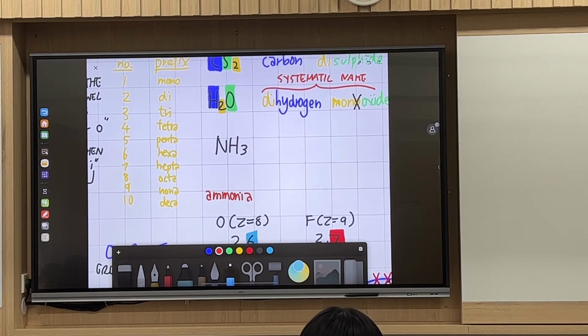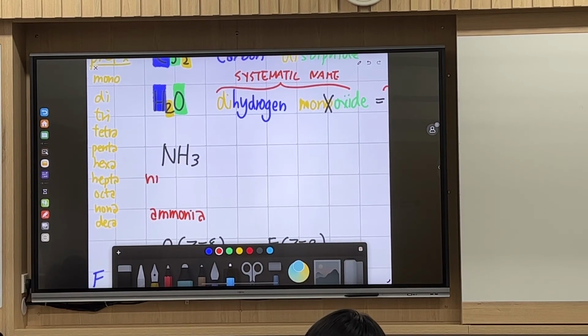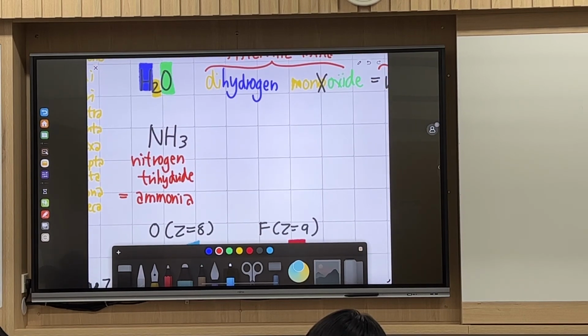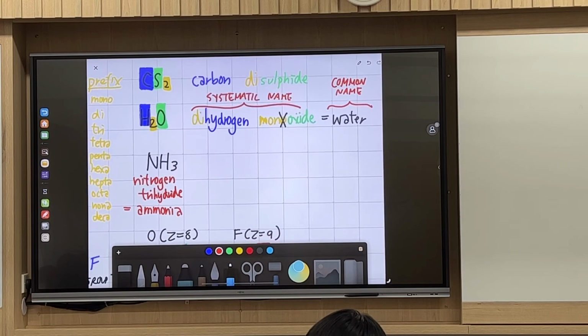Nitrogen trihydride. Okay, so this would have been called nitrogen trihydride. I know it's hard, but this is why we should just call it ammonia.